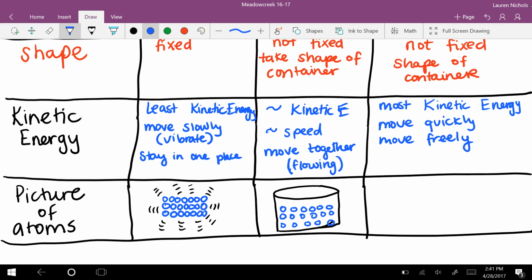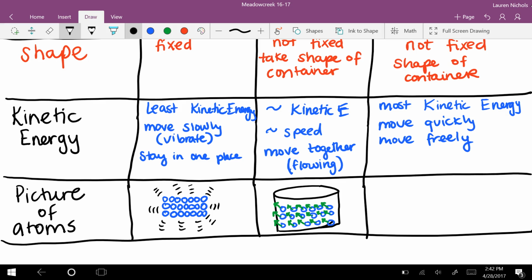And if you were to pour out a liquid, the atoms would all move in the same direction. That's what these green arrows are indicating. They're all moving in the same direction. They all stay kind of together.